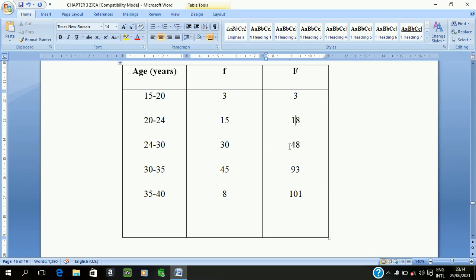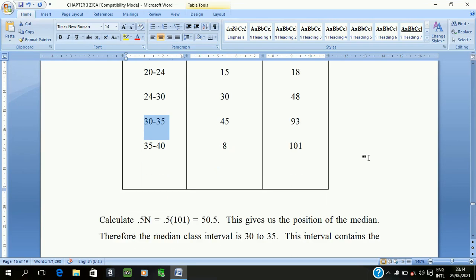Then the 19th up to the 48th value come from 24 to 30. And then we have the 49th to the 93rd. So if you're thinking of 50.5 or 51, you're going to get that value within that figure. So the median class is going to be 30 to 35.